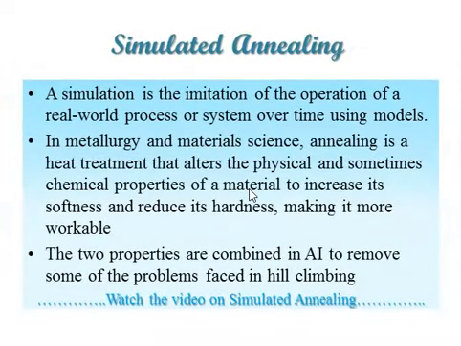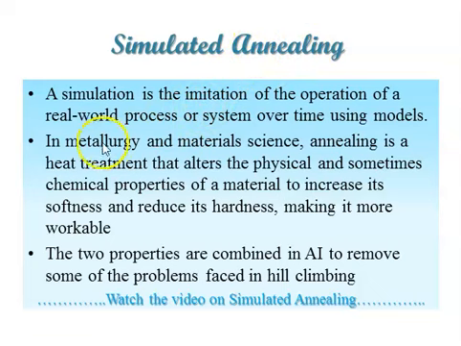Another one is simulated annealing. A simulation is an imitation of an operation of the real world. If we are able to imitate the operation followed in the real world, we can say that it is a simulation. So we are dividing this word into two parts, simulation and annealing.